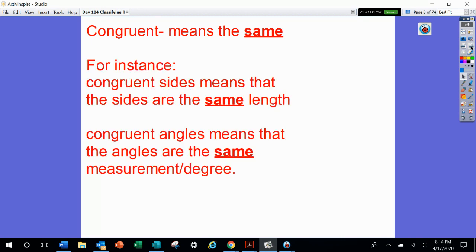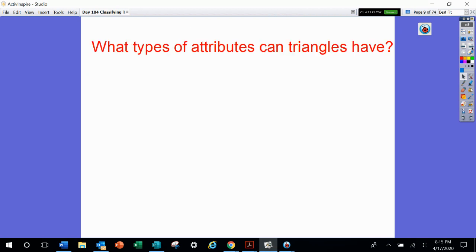So for example, congruent sides means that the sides are the same length. Congruent angles means that the angles are the same measurement or degree, and we'll talk a little bit more about that throughout the lesson, okay? So congruency, if you're not familiar with it, again, it means the same, okay?